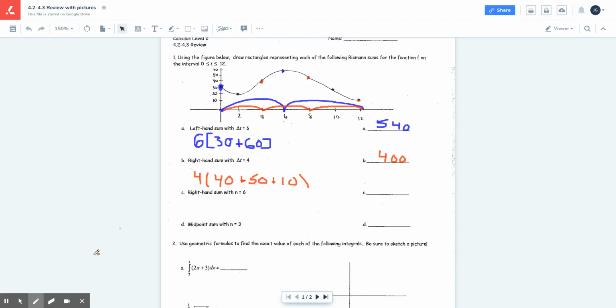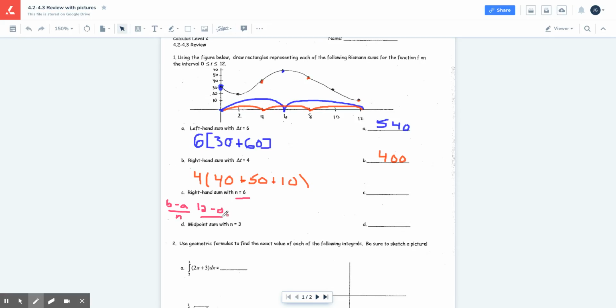Now with this one, we are not given our delta. We're given n equals 6. So we first need to figure out what our delta x is. In order to do that, the formula we use is b minus a over n. b in this case is 12, because that is where the interval ends. a is where it starts, which is 0.